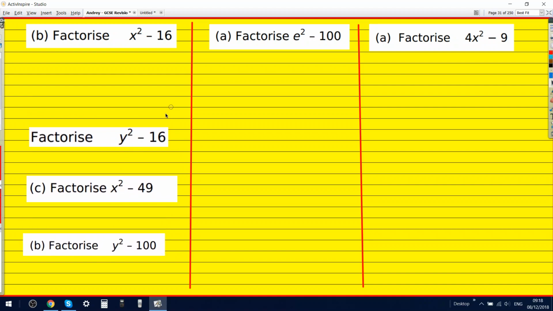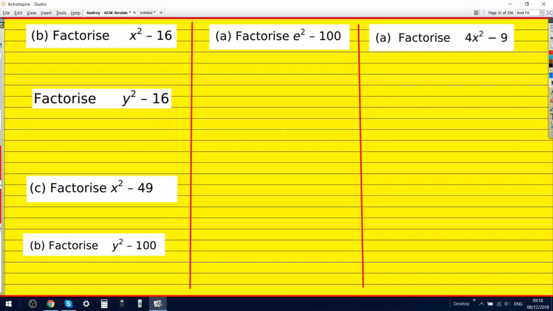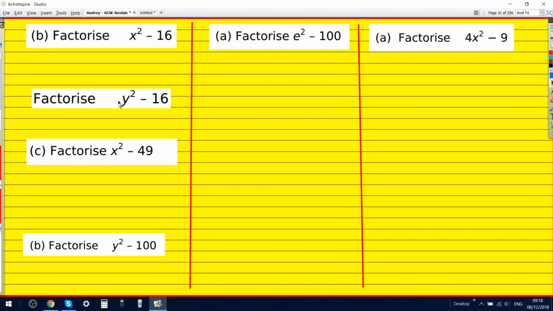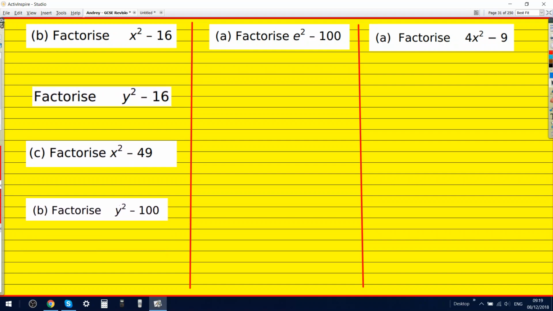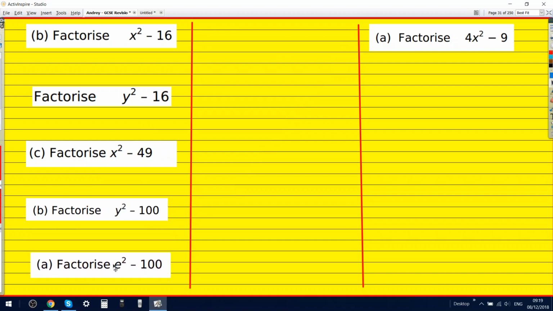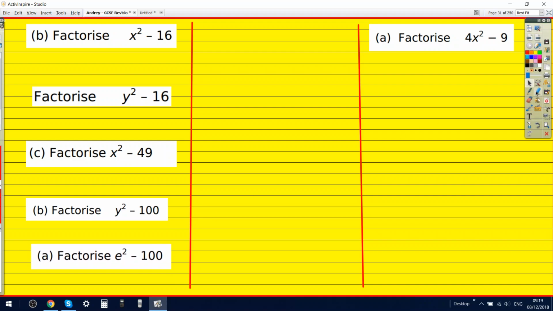I don't know. So these ones are just a different way of writing x squared plus 0x minus 16.